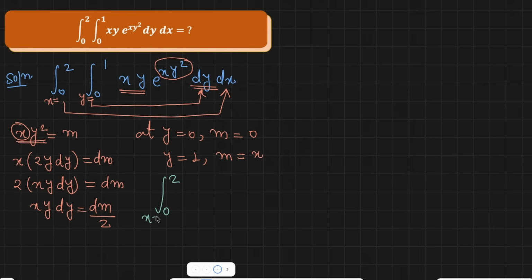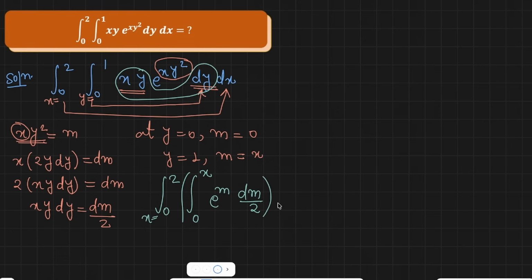This limit will remain the same, but this limit changes from 0 to x, and xy dy changes to dm by 2, and e to the power of m, because I have taken xy square as m. Then this is my integral with respect to m, and this is dx.